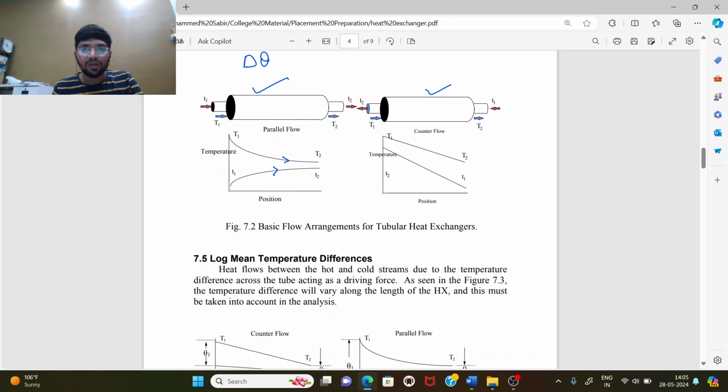Move ahead. Similarly here, this is the H1 temperature of the inlet at the hot region, and this is the outlet temperature, the exit, and this is the inlet of the cold fluid.